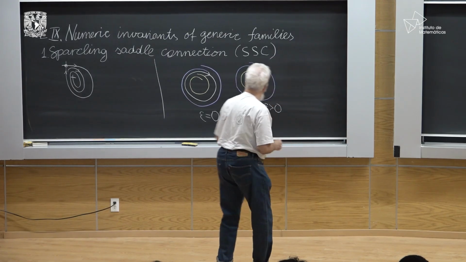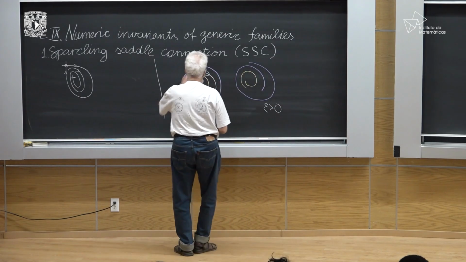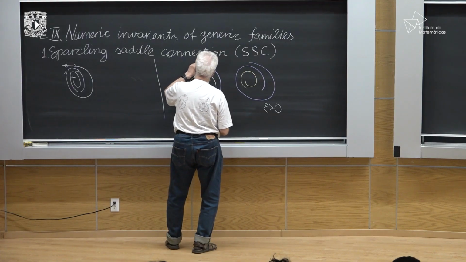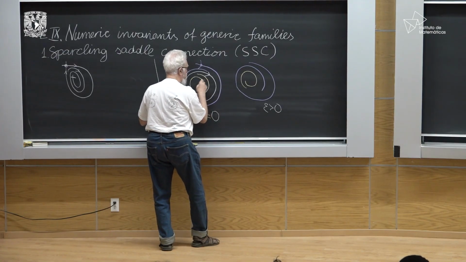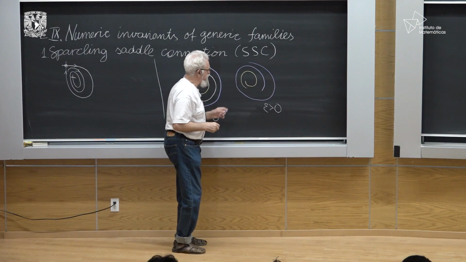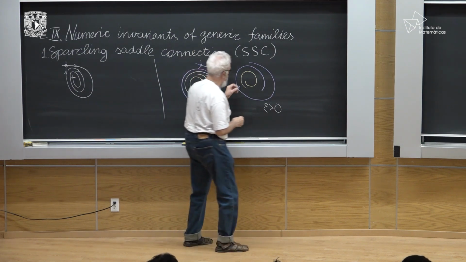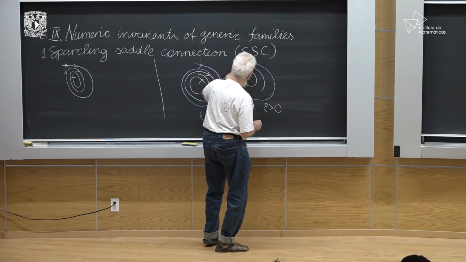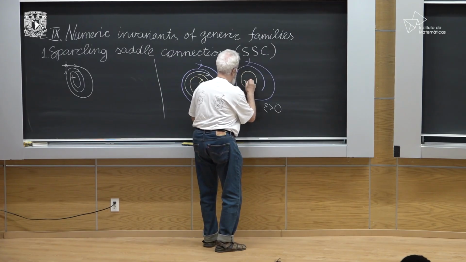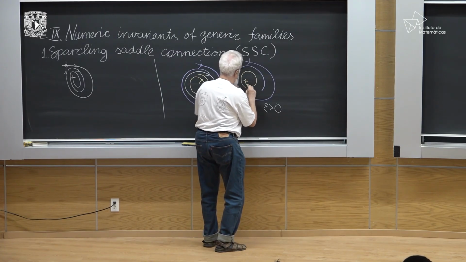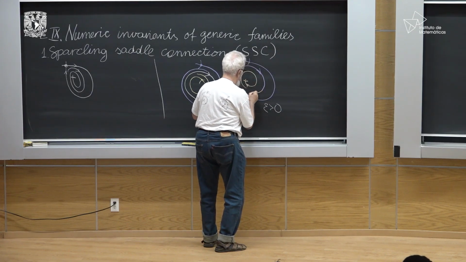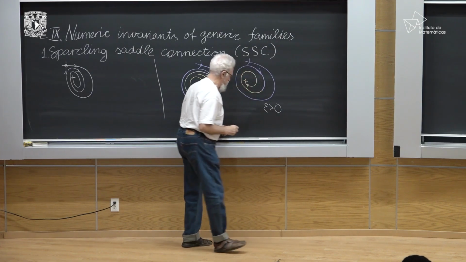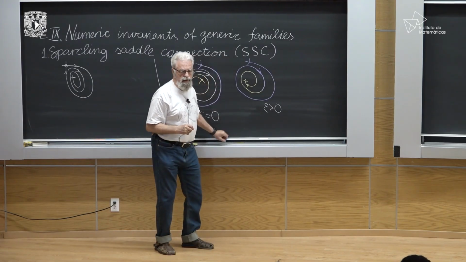Okay? But it may happen that outside there was a saddle, and inside there was a saddle. And for some particular parameter values, these two separatrices would coincide, and we will get a saddle connection.